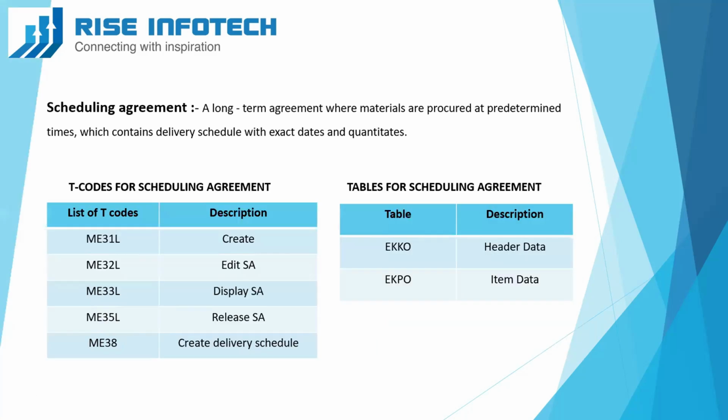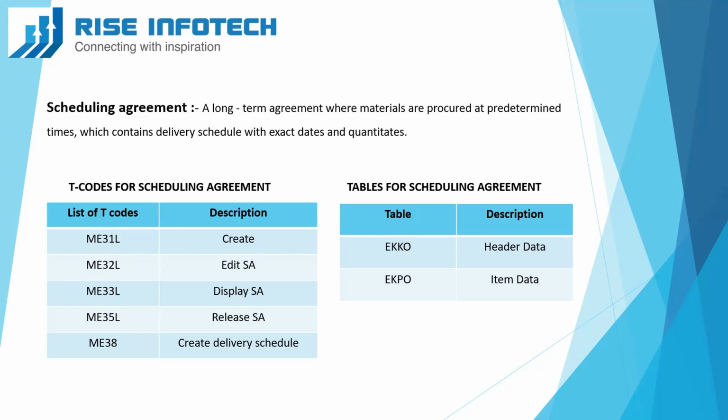Coming to the next, the scheduling agreement. A scheduling agreement is a long-term agreement where the materials are procured at predetermined times, containing a delivery schedule with exact dates and quantities. If I take the example of Tata and the vendor or supplier ABC, both will have a particular schedule, like within 1 month or different intervals, we need some quantity.